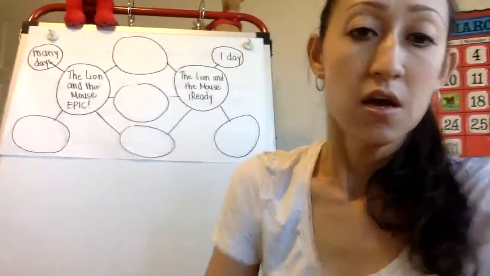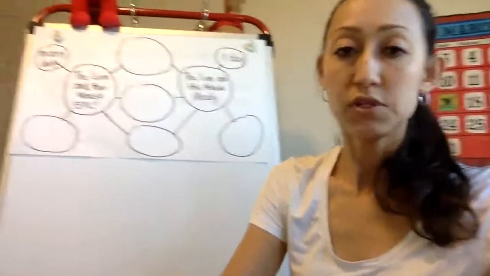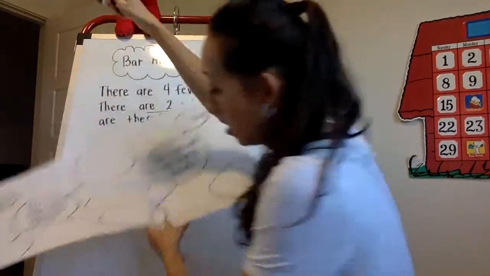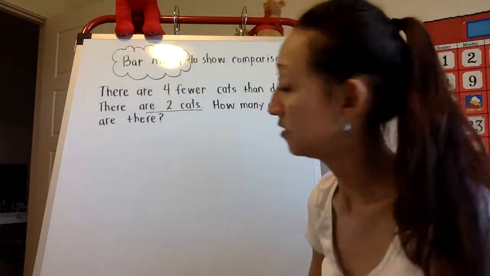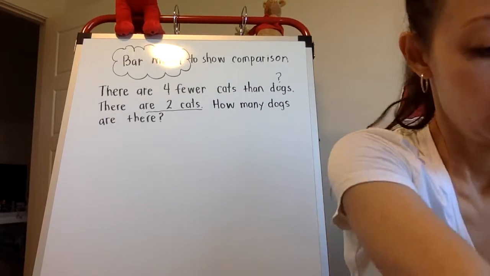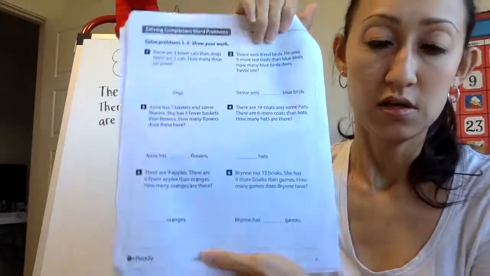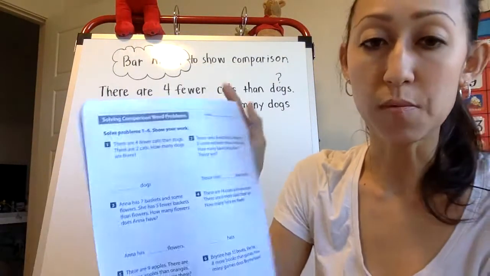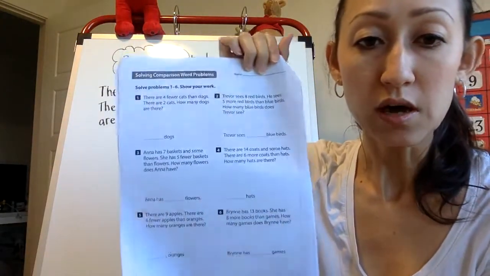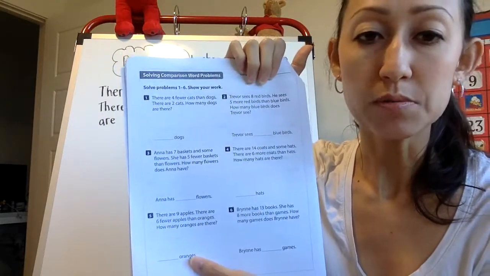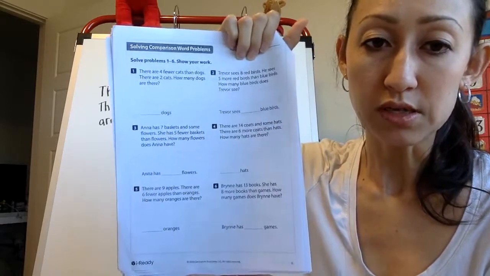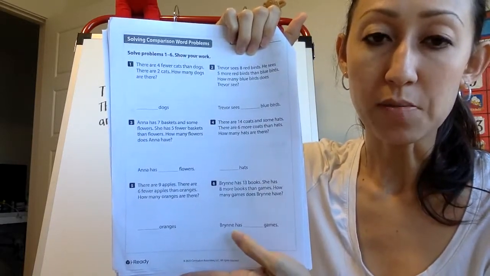Your next assignment for today is to do your iReady packet, page 8. Only 1 page today. Today's word problems, to me, comparison word problems are kind of the most tricky, so you're only having 1 assignment in your Math iReady packet.